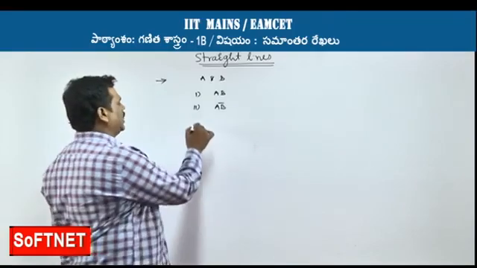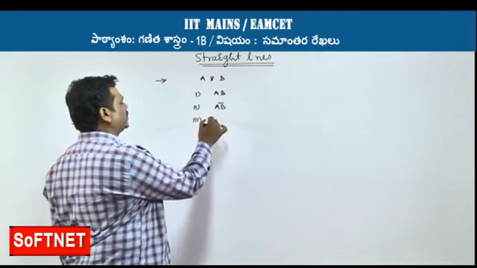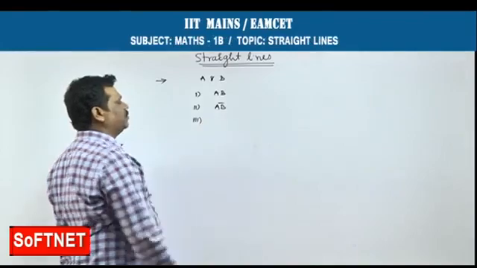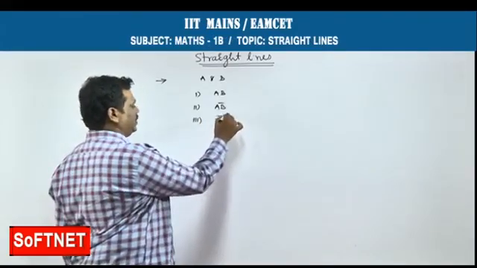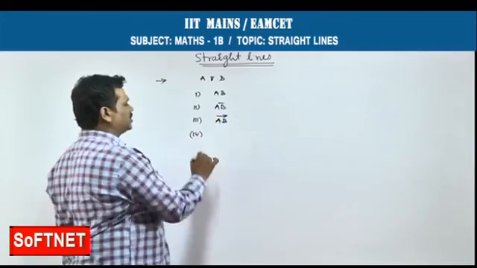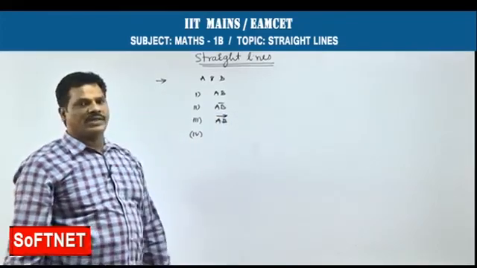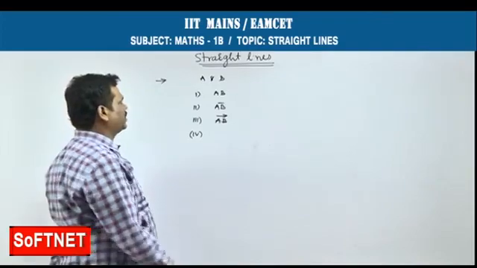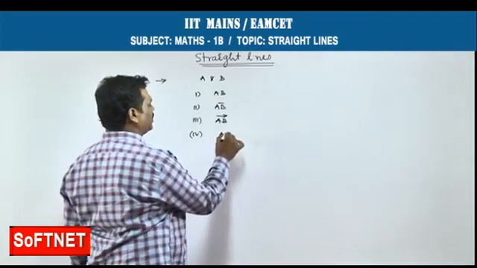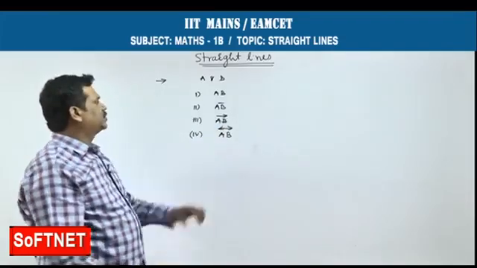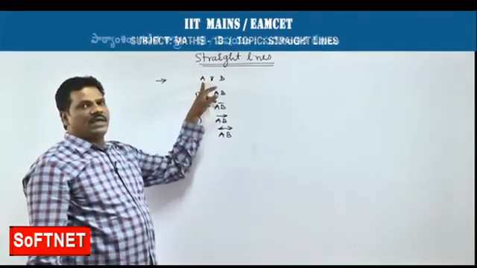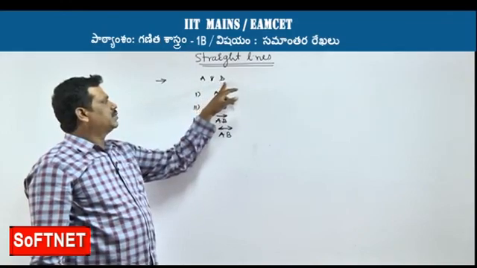And the ray from A to B is denoted by AB ray, and the straight line passing through two points is denoted by AB straight line. Okay? First point, let capital A and capital B be two distinct points.